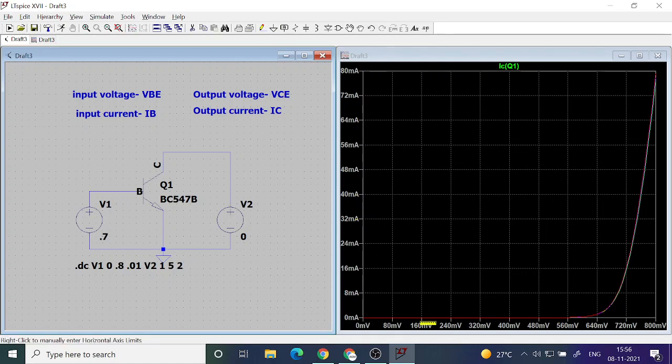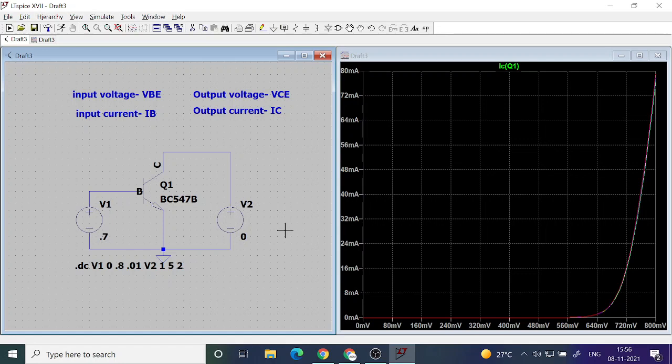IC versus VBE, keeping output voltage constant. IC versus input voltage, that is VBE, keeping output voltage, which is VCE, constant. So this is called the transfer characteristics.